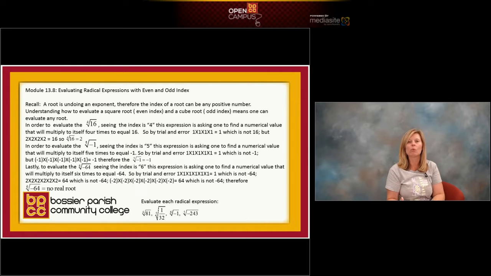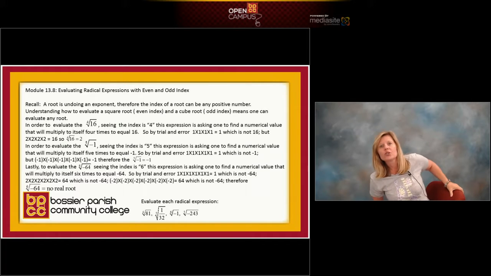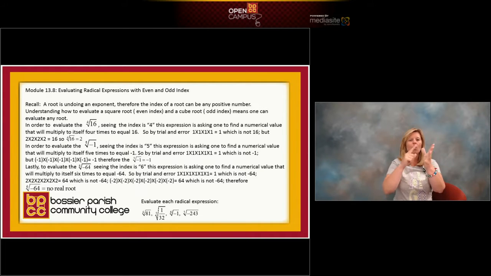So those rules still apply. All right, let's look at one more expression in our PowerPoint. We have the sixth root of -64. So again, what's our index? It's a 6. So I want to multiply a number to itself 6 times that would give me -64. So again, if I start out with 1, 1 times 1 times 1 times 1 times 1 times 1 would just give us 1.